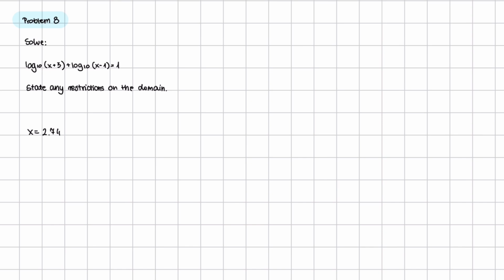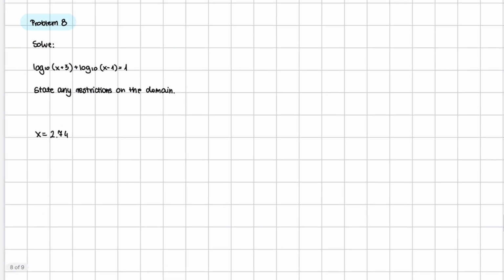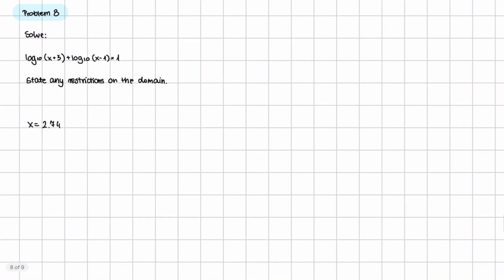So our domain means that this and this have to be positive, so greater than 0. So x plus 3 has to be greater than 0, and x minus 1 has to be also greater than 0.